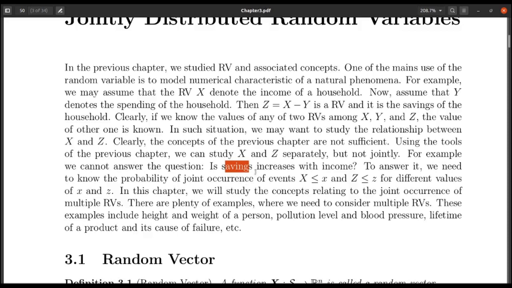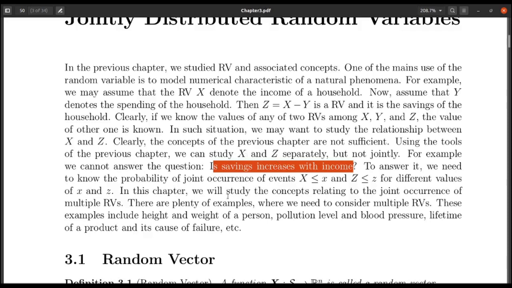To answer this question, the techniques of the previous chapter will not help us, because there I can study X or Z separately, but I cannot study them together. To answer this question, I need to study both random variables together.